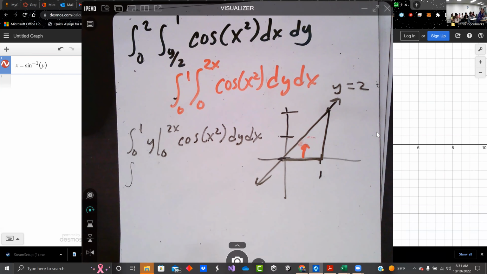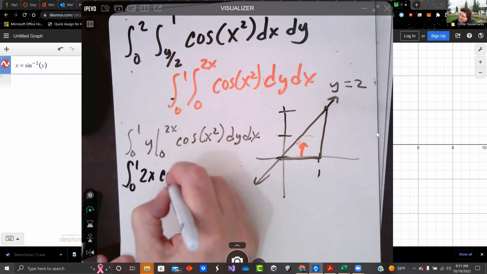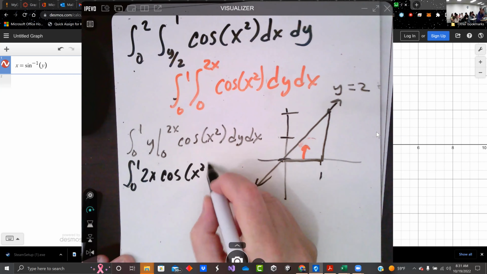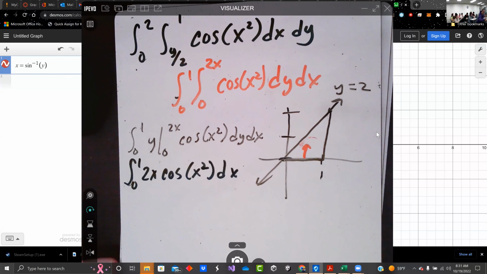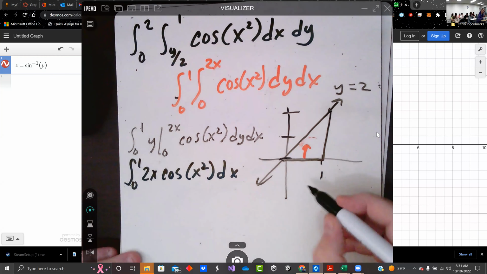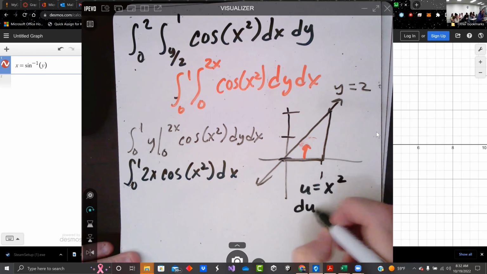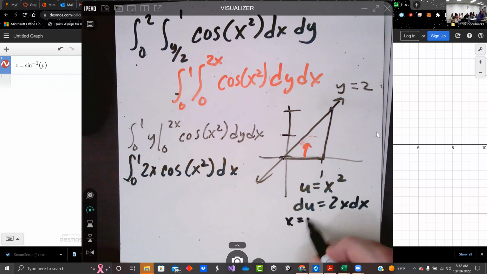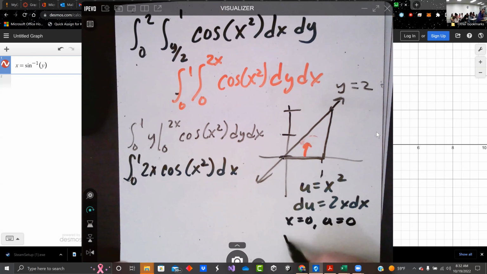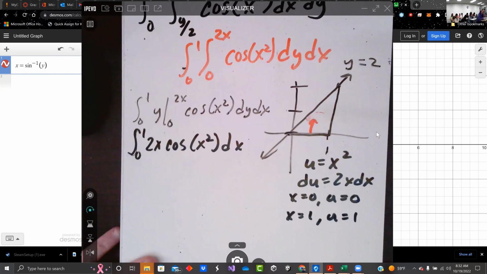We've got 0 to 1, 2x cosine x squared. Oh yeah, this is probably just a coincidence. If it's an easier one, like sine 2x or 5x, something like that, we would have to use u-substitution.